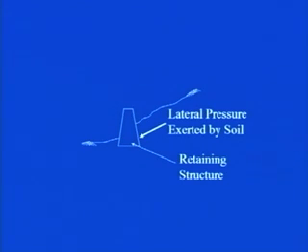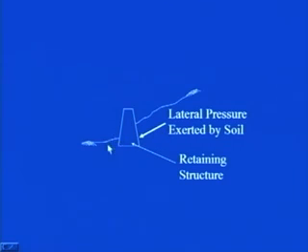To explain this case, let us have a look at this figure once again. This is the lateral earth pressure which is exerted by the soil. Because of this pressure, the wall will have the tendency to move in this particular direction. If you consider the face of the wall here and the soil, the active condition comes into picture, because this wall is moving away from the backfill soil.